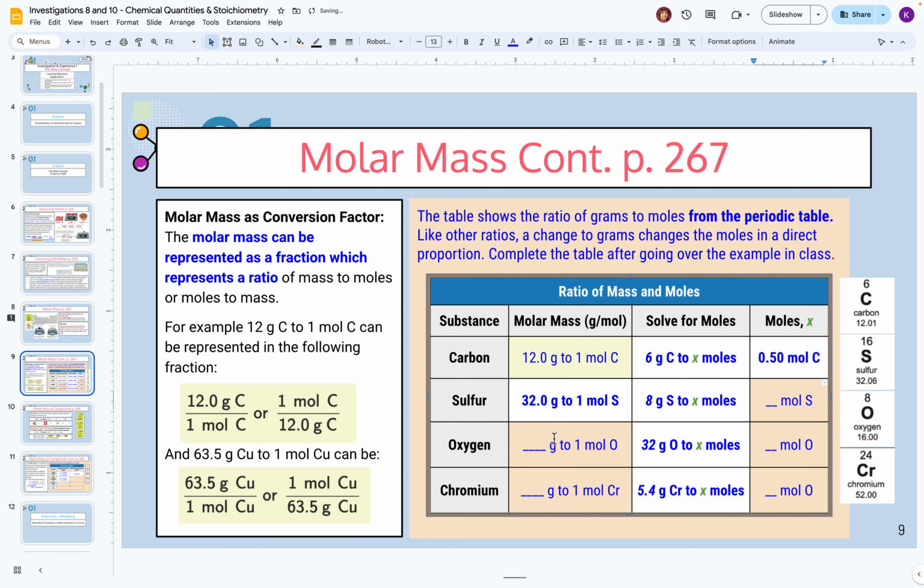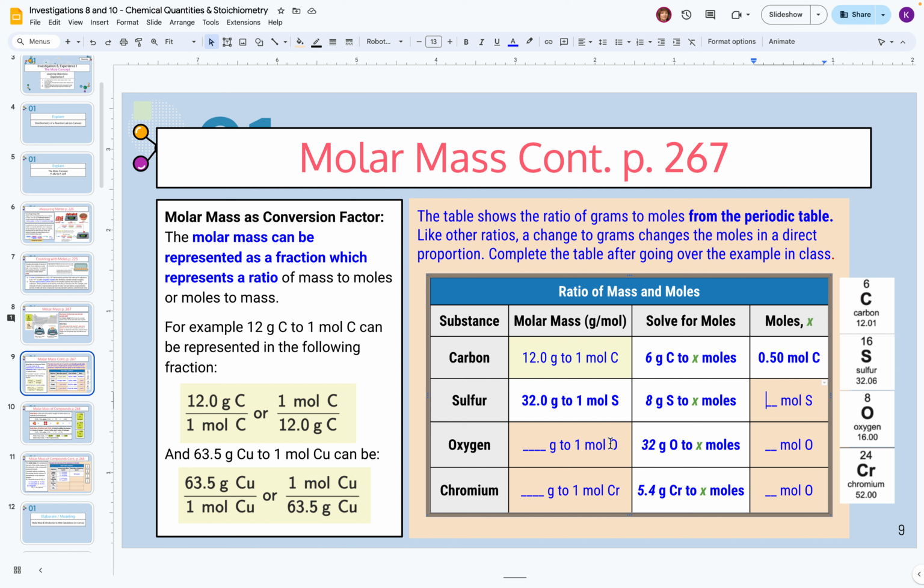Now, you can always go back because it's the video, because this is the master. What about oxygen? We look over here, we have the values listed here. For oxygen, what would the gram number be? Well, if carbon is 12.0 or 12.01, and sulfur is 32.06 or 32.0, then oxygen has to be, your turn, you can do this, 16.